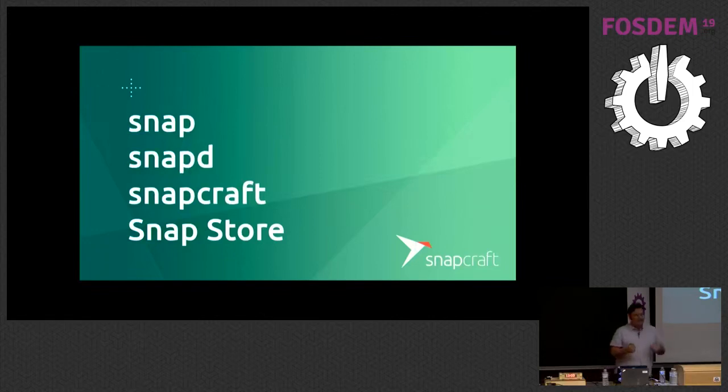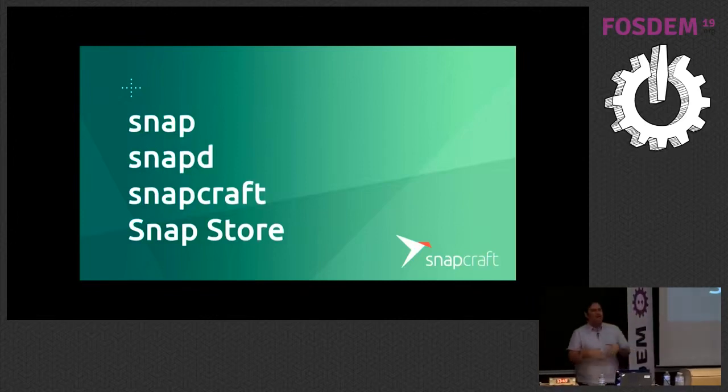Snapcraft is the tool, multiple tools, that are used to build snaps. And the Snap Store is where the snaps are hosted, where developers upload them and users download them. Snap and Snapd are written in Go, and Snapcraft and the Snap Store are Python.